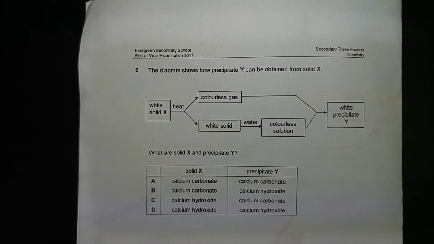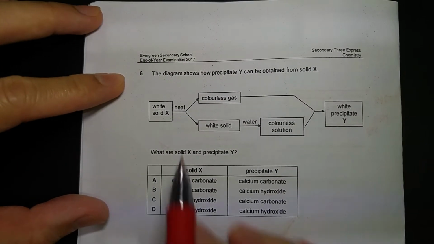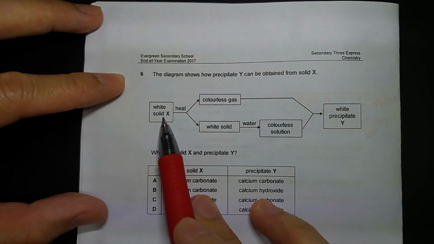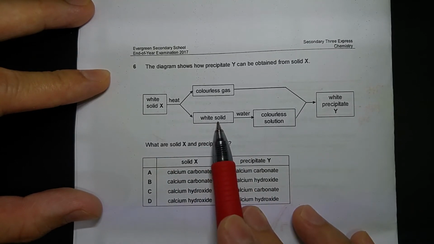Okay, number 6, the diagram shows how precipitate Y can be obtained from solid X. You heat solid X, a white solid, and then you get a colorless gas and a white solid.